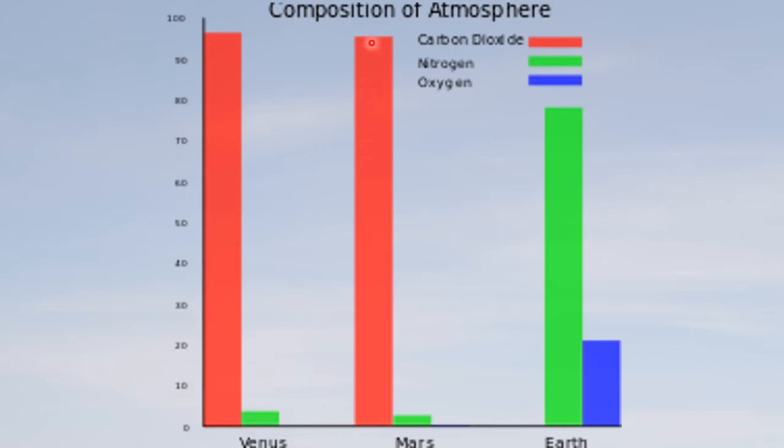It is mostly carbon dioxide, with a small amount of nitrogen. However, when we look at Earth, the majority of it is nitrogen with a good amount of oxygen. Now remember, we do have carbon dioxide present in our atmosphere, but this is less than 1%. So there is a little teeny red line here that you can barely see.